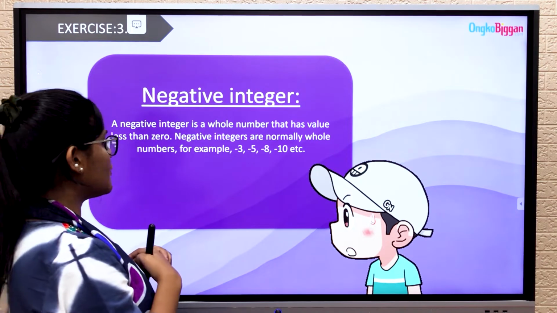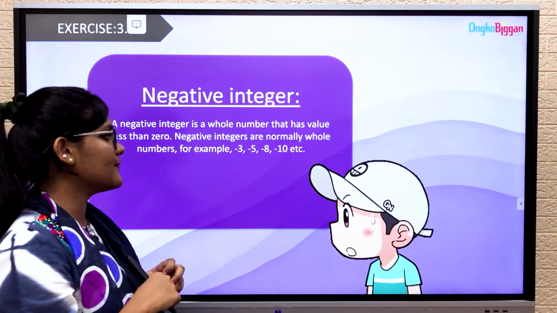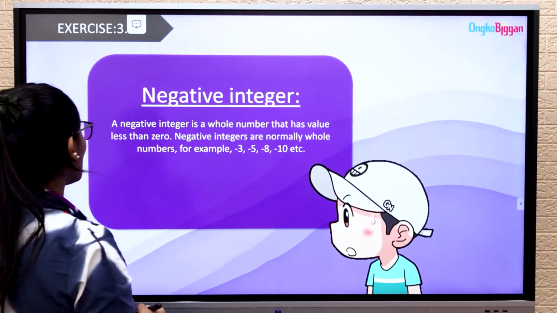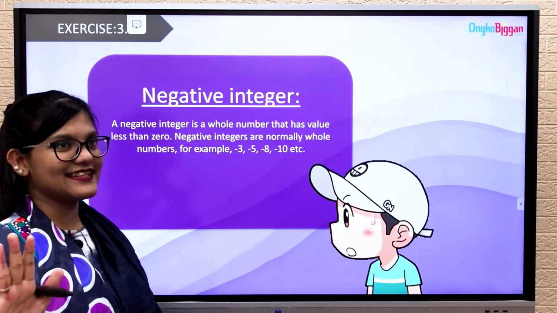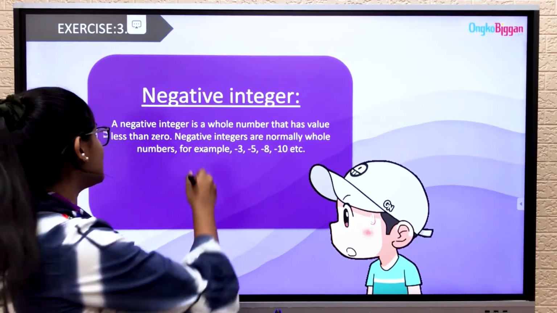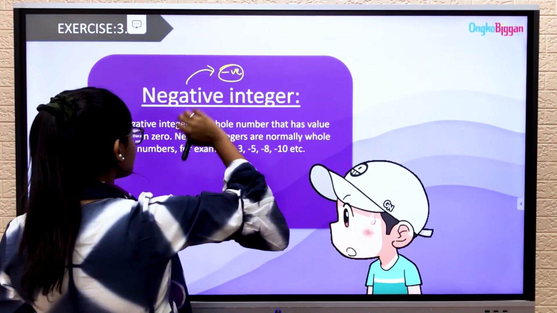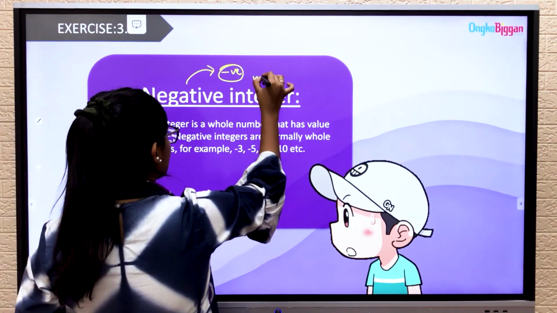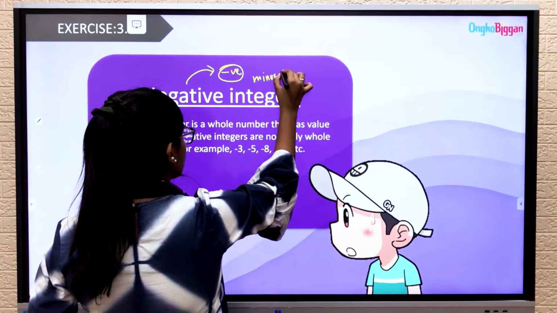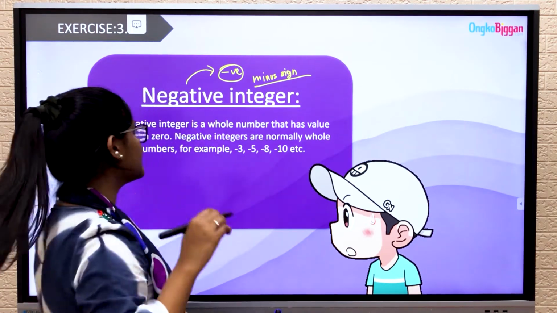Negative integers are normally whole numbers, for example -3, -5, -8, -10. One feature of a negative integer is that if you don't know what a negative integer is, and you just see a minus sign, then the number will be negative.